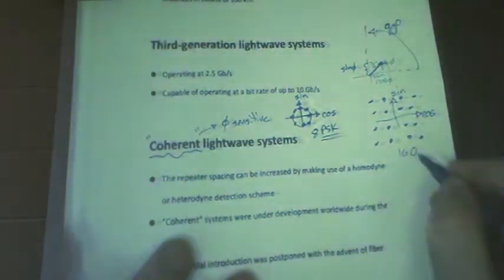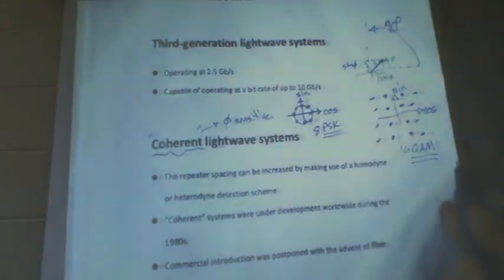But let's make it a 4 level signal on sine and a 4 level signal on cosine. Now 4 times 4 gets me 16 dots. So this would be 16 QAM. Dots in a square is called quadrature amplitude modulation.